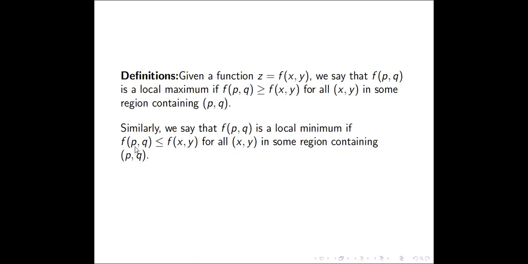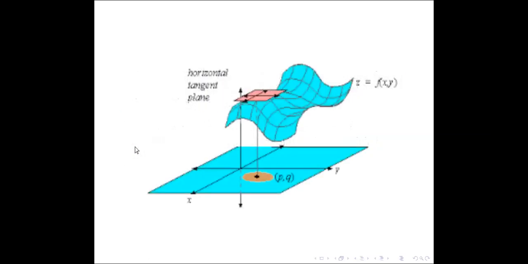Let's look at this graph. So here is the point p, q below on the xy plane. And then this is the point f at p, q, the point on the surface corresponding to the point p, q, and f of p, q. So that p, q is like the projection of that point on the surface on the xy plane. Now, this is the region containing p, q.